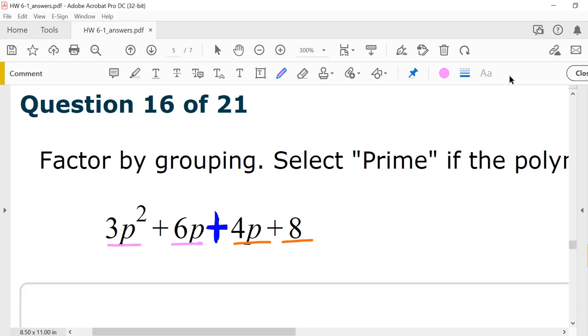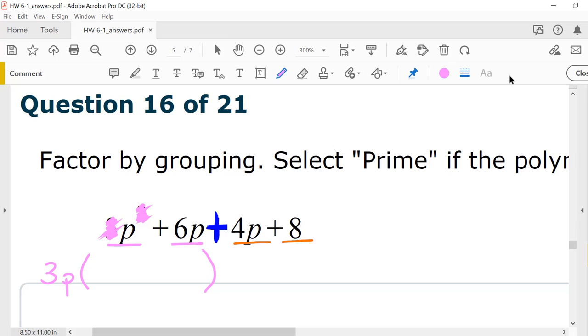So for the pink one, what's the GCF between 3p squared and 6p? The biggest number that I can pull out is a 3. I have a p squared and a p, so I can also pull out a p. What's left? If I pull out the 3, that's gone. If I pull out a p, that 2 turns into a 1.